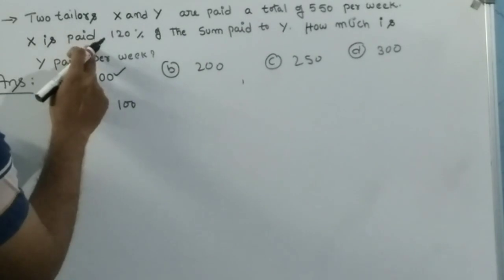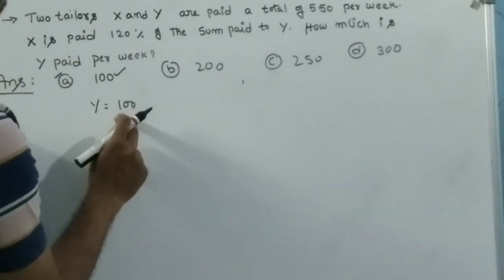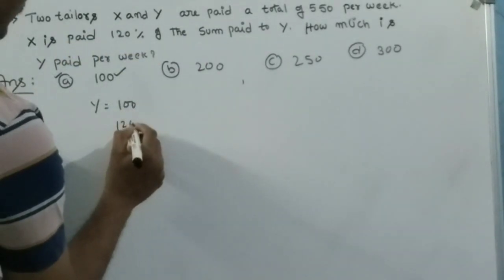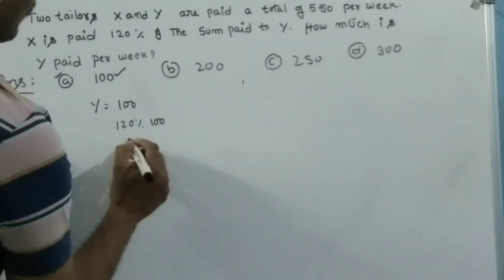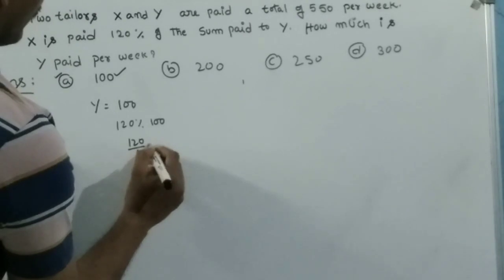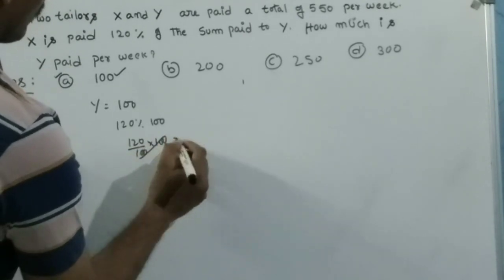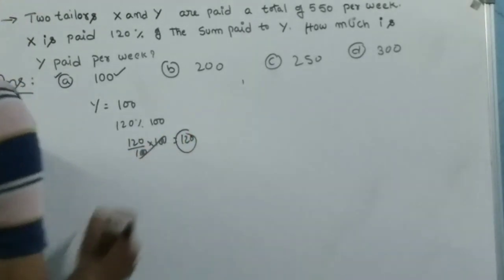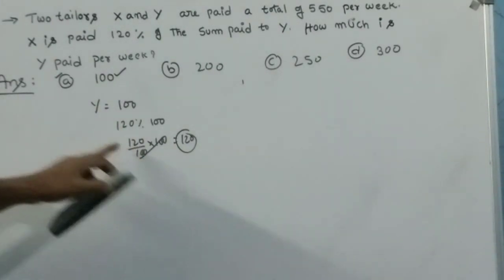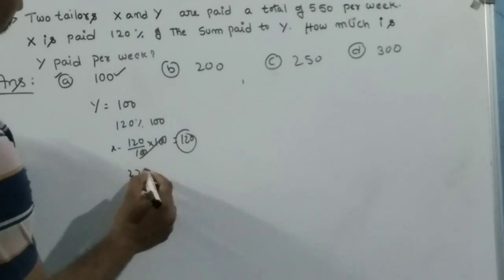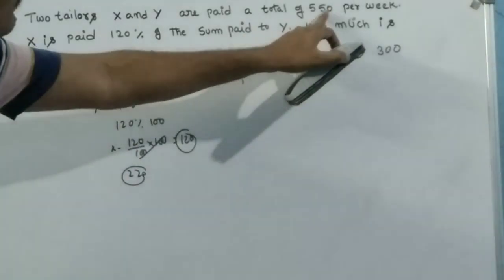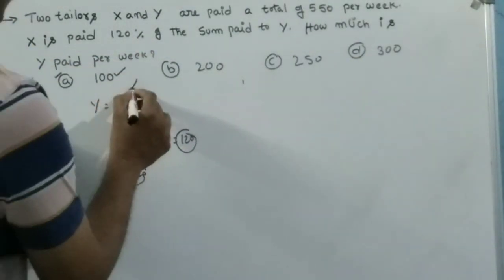X is 120% of Y. That means 120% of 100. How much? 120 by 100 into 100 equal to 120. So X equal to 120, Y equal to 100. Then total is 220. But the total is 550. So this is not the answer.